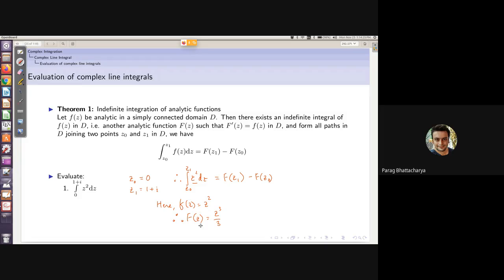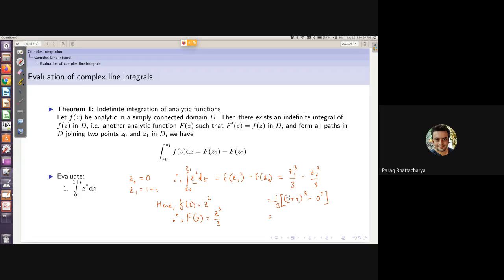So the value of this integral is, just substituting z1 and z0, z1 cube by 3 minus z0 cube by 3. So it is 1 by 3, (1 plus i) whole cube minus 0 cube, which is 0 itself.